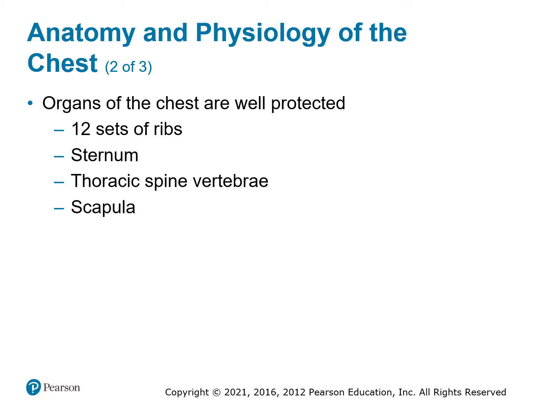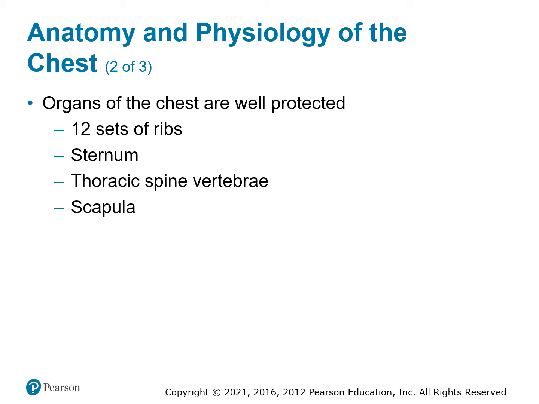Now with that, the chest cavity is also one of the most protected areas of the entire body. You have the ribs that protect all the way around the outside, and you have 12 sets of ribs. Then you have the sternum that connects your ribs together in the front and gives you the maximum protection over your heart muscle.